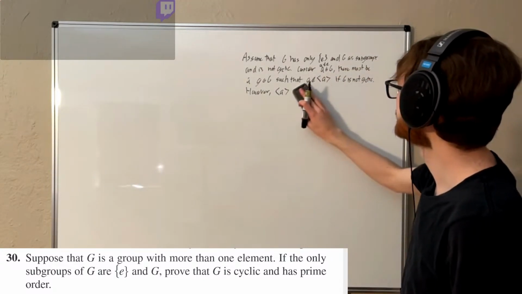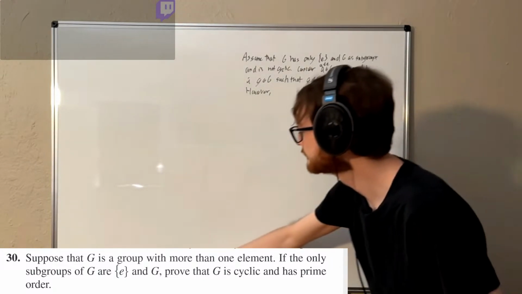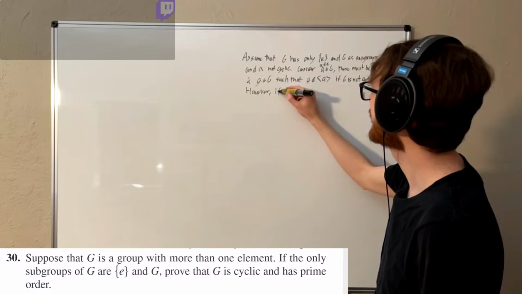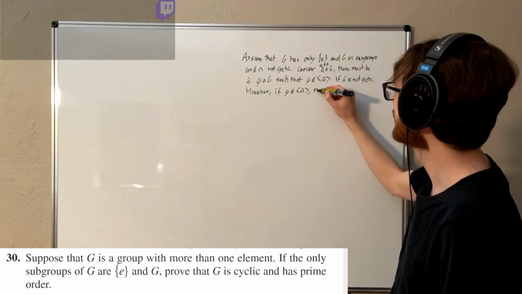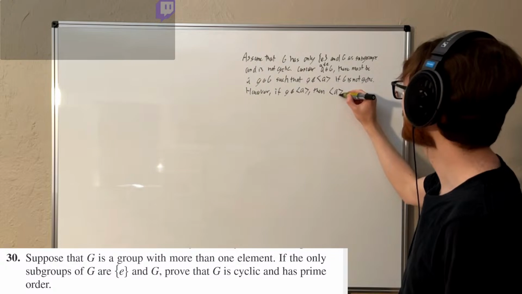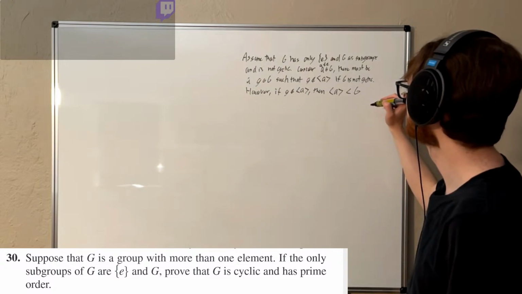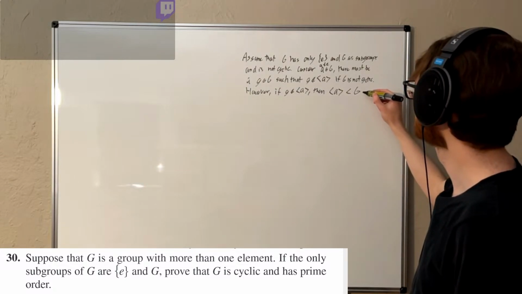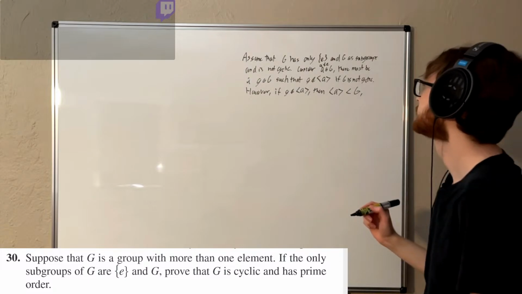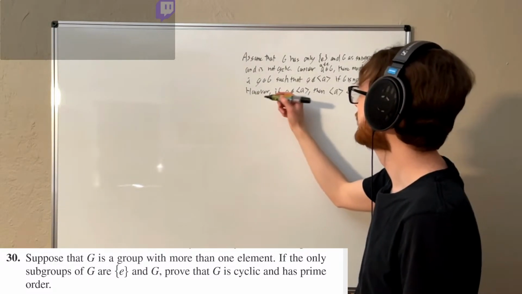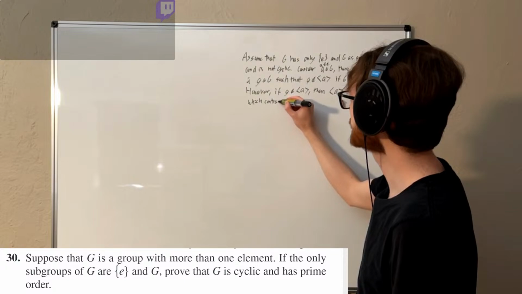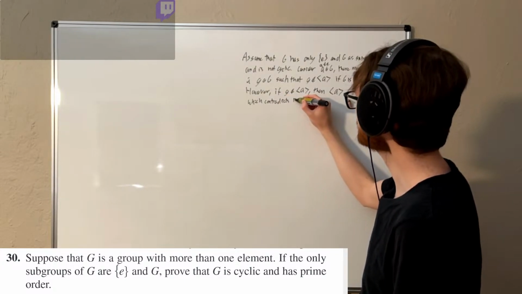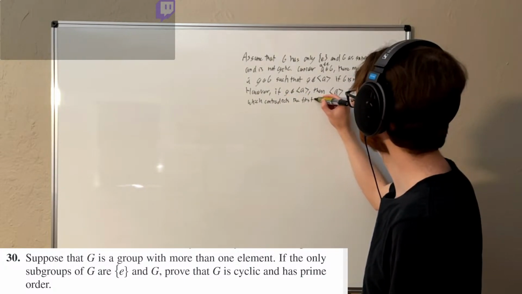However, if G is not in A, then A is a proper subgroup of G, which contradicts the first part of the assumption.